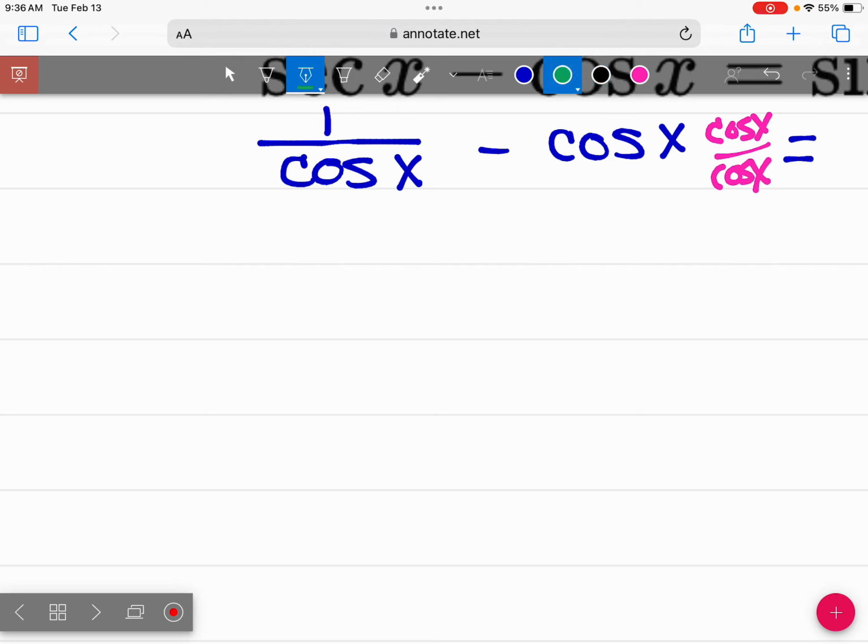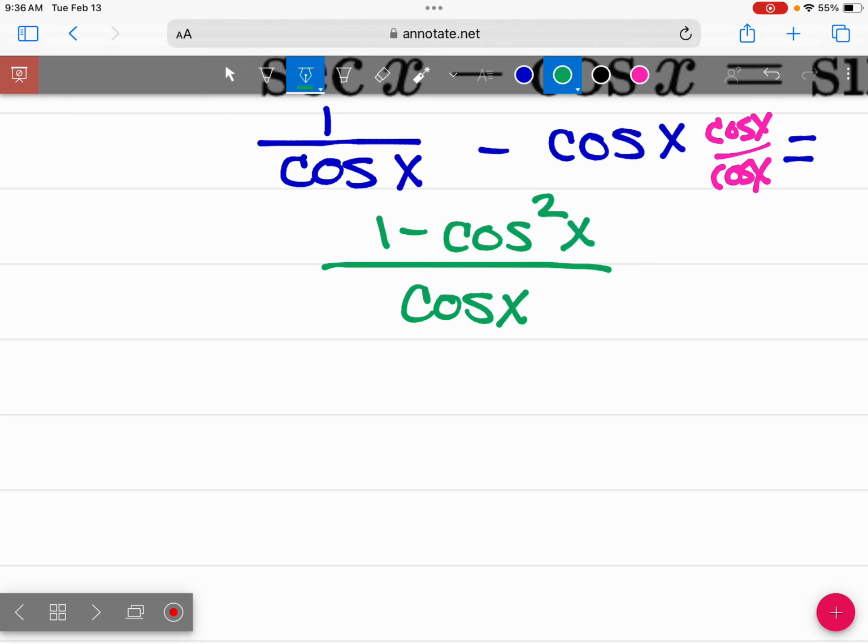So we're going to wind up with our common denominator of cosine x, and my numerator is 1 minus cosine squared x.